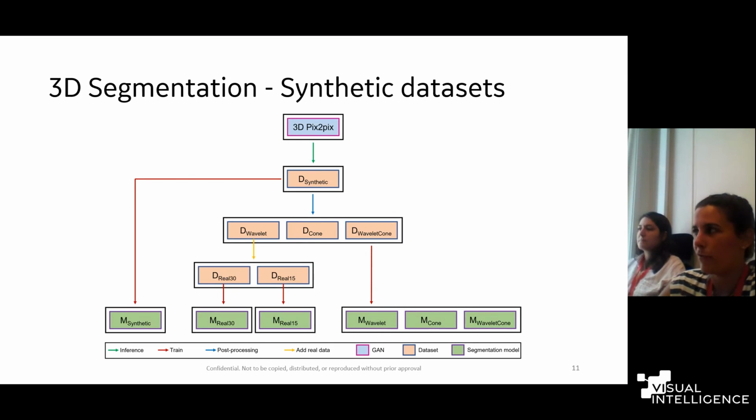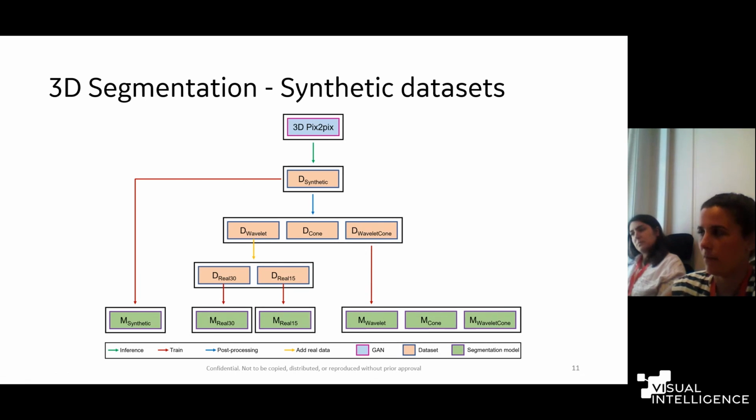But from some previous work that I've done, it looks like the cone post-processing operation, the one that fixes the edges of the cone, has less relevance compared to the wavelet denoising transformation. So the wavelet is actually relevant.